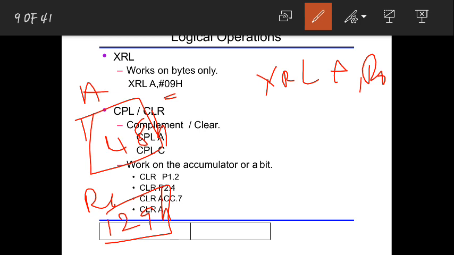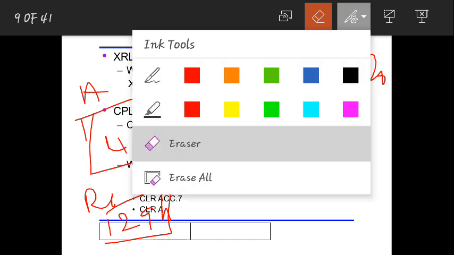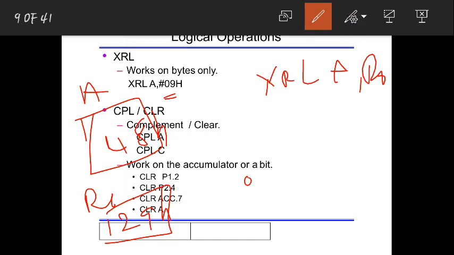First we need to calculate. 48 means 0 1 0 0 1 0 0 0. Next, 29 means 0 0 1 0 1 0 0 1.